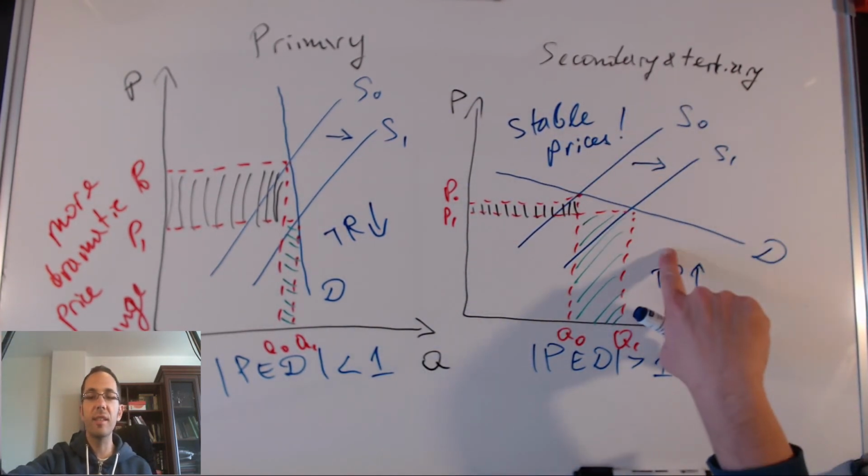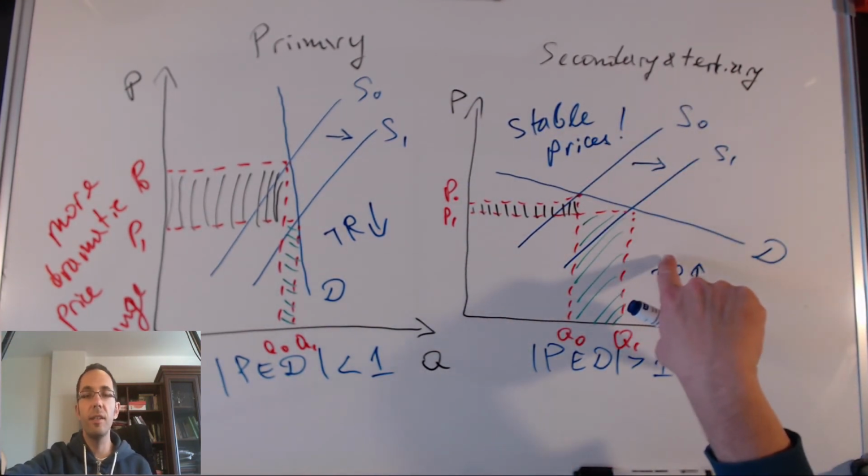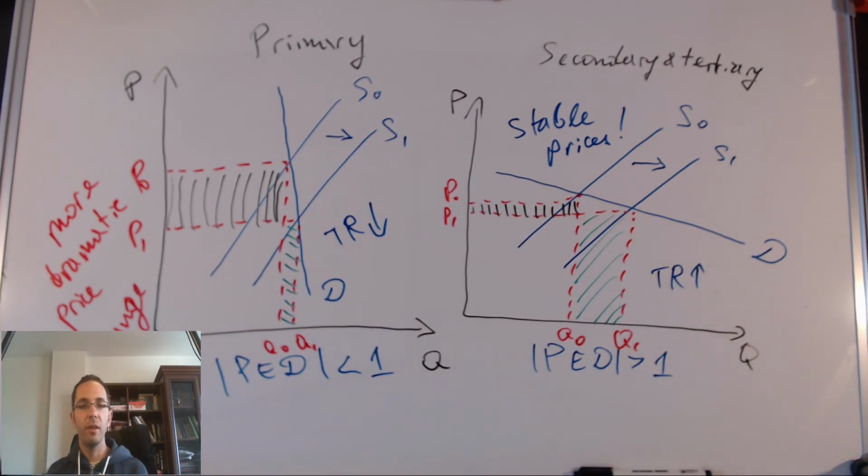So this is less risky than this one. This is riskier than the secondary and tertiary. So we have stable prices, less risk, and an increase in the supply because of the elastic price elasticity of demand leads to an increase in total revenue. With primary commodities, on the other hand, we have volatile prices, riskier investment, and finally an increase in supply leads to a decline in the total revenue.